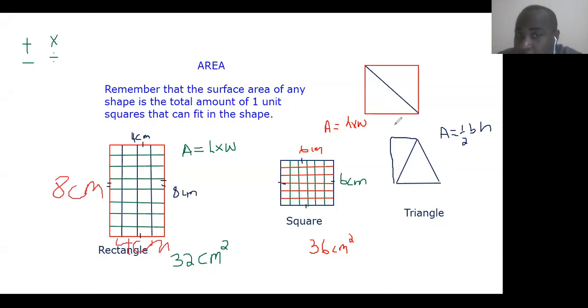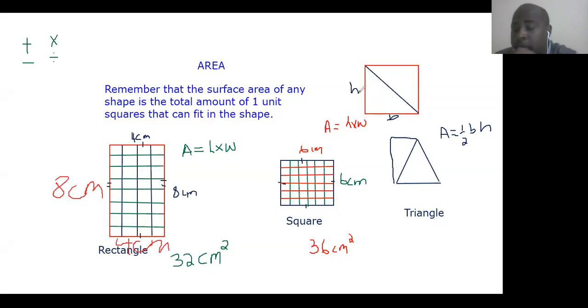The half base times height is the same as saying half of this. Are you guys paying attention? So we're saying, here is a square, and my triangle would be half the area of this square. So this would be the base of the triangle, and this would be the height of the triangle.